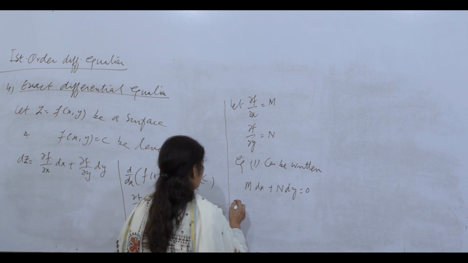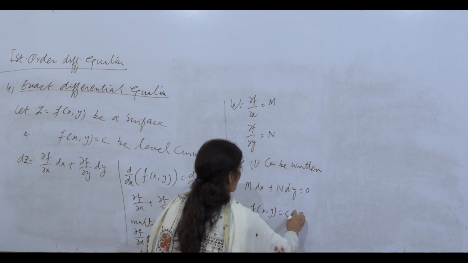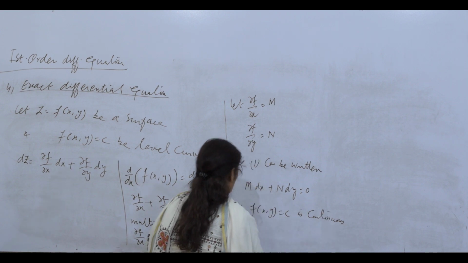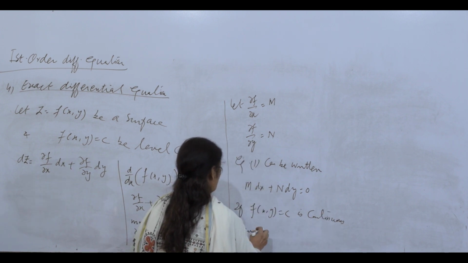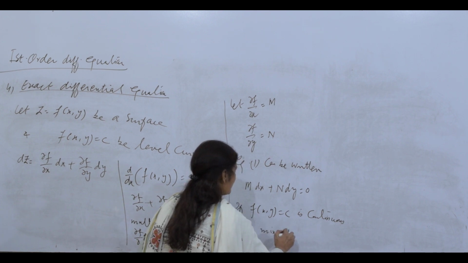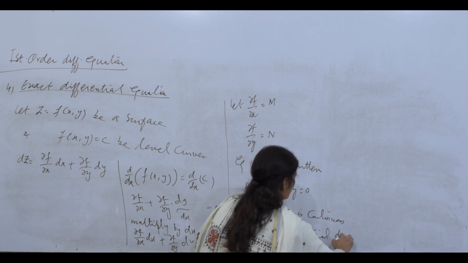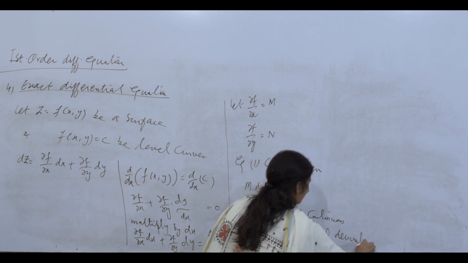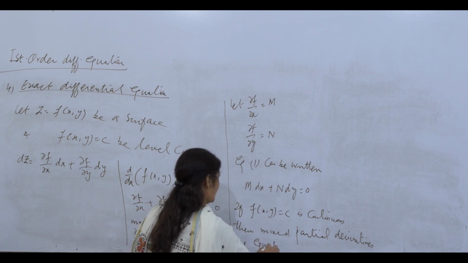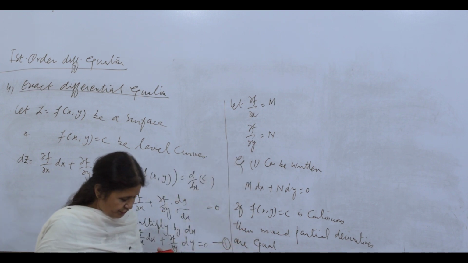Now if f(x,y) is continuous, then mixed partial derivatives are equal. Mixed partial derivatives are equal if the function is continuous.